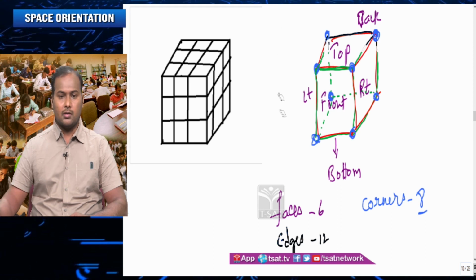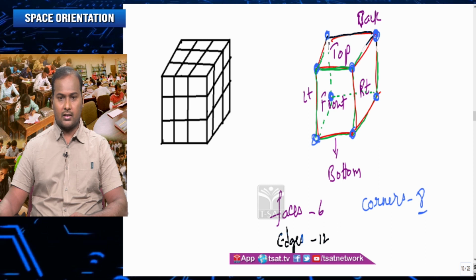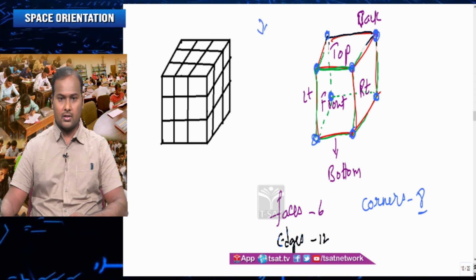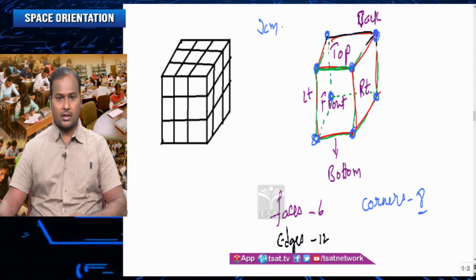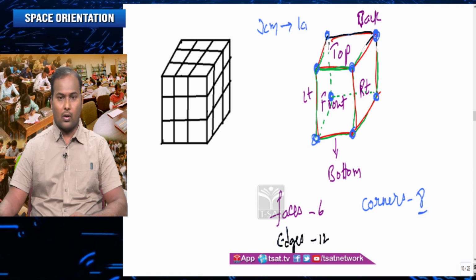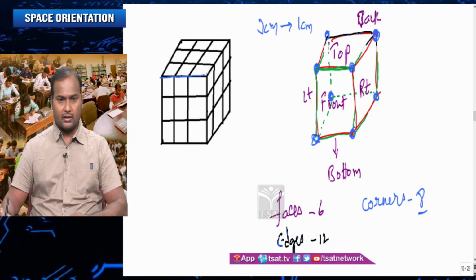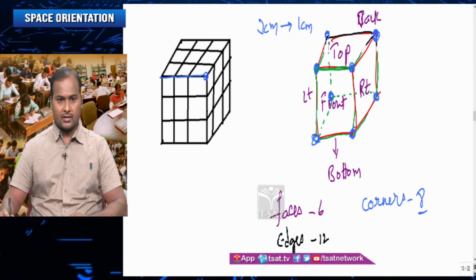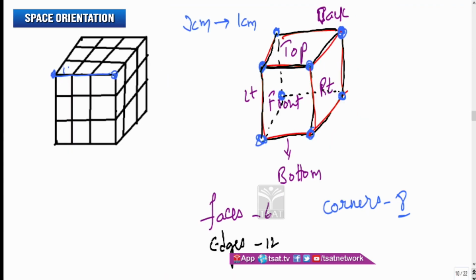Now imagine a cube is given and it is said that the side of the cube is 3 centimeters, and this 3 centimeter cube is cut into size of 1 centimeter. Imagine this entire cube is 3 centimeters. Now I cut this particular cube into 1 centimeter size.